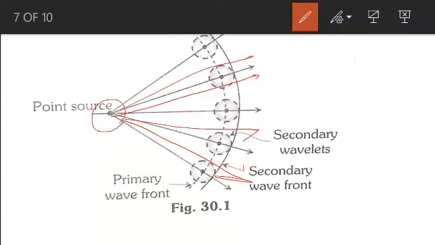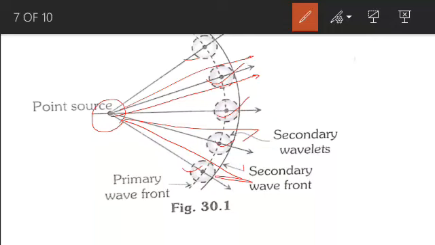Now if we consider this black line, excepting the red line, then we'll consider these points. This point, this point, this point, and this point, these total 5 points are in the same phase.